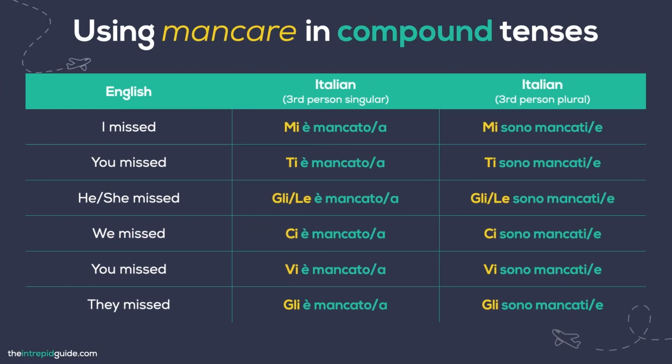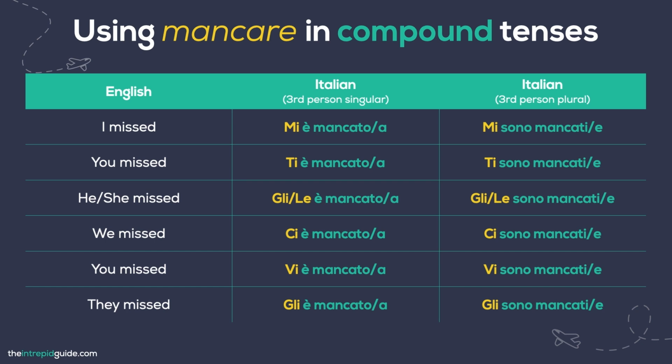I missed. Mi è mancato. Mancata. Mi sono mancati. Mancate. You missed. Ti è mancato. Mancata. Ti sono mancati. Mancate. He, she missed. Gli, le è mancato. Mancata. Gli, le sono mancati. Mancate.